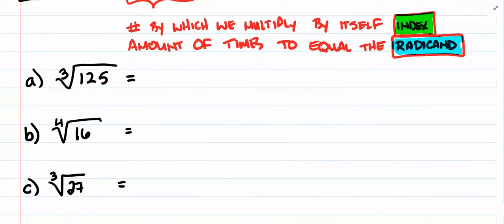Part A says, the way that we read this is the cube root of 125. Let's ask ourselves, what would the index be? Well, the index is 3. So I'm looking for a number by which I can multiply by itself 3 times to give me the radicand, which in this case is 125.